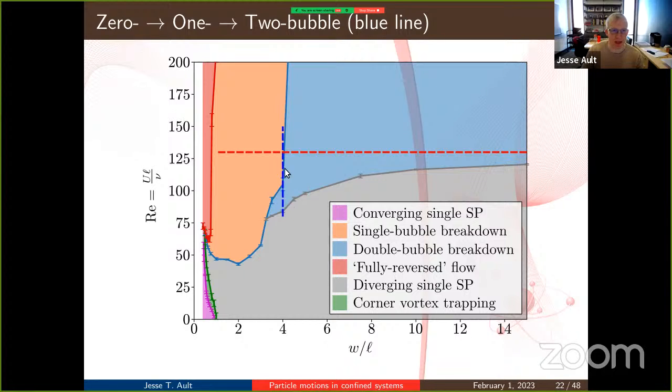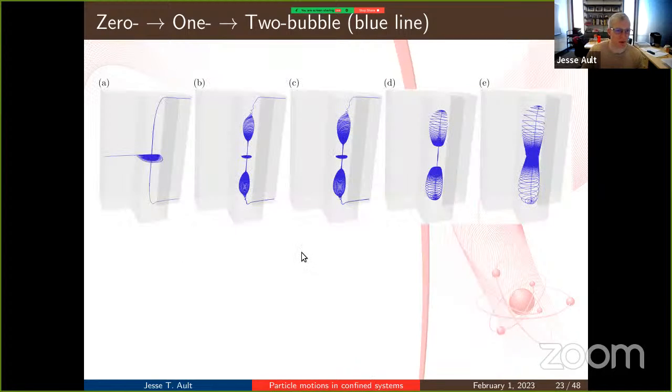So next we can take a look at this other transition, this blue line, where we appear to go from this diverging single stagnation point, so that's not a vortex breakdown case, to the blue, which is double bubble breakdown, to the orange, which is single bubble breakdown. So the way this works is, here we're holding the cavity width constant and we're increasing Reynolds number.